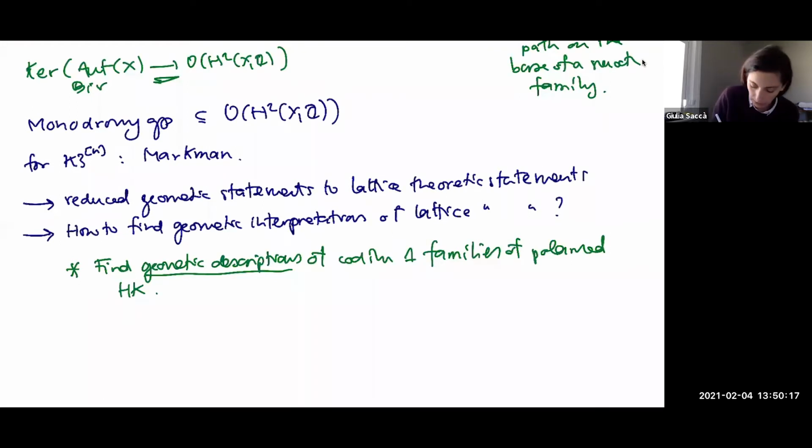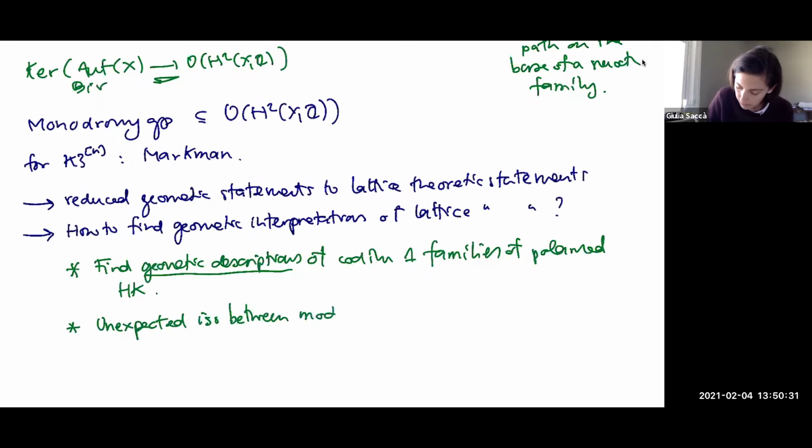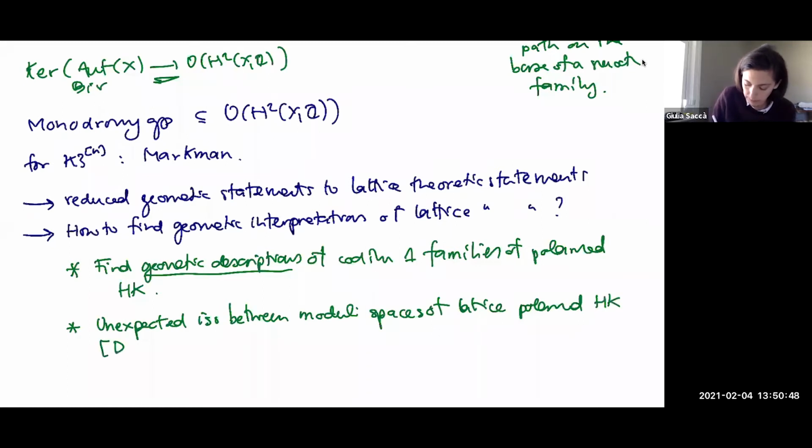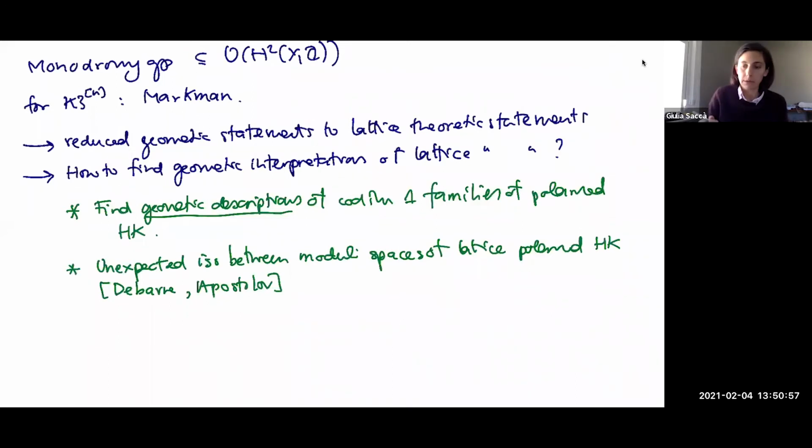Another example of this is that you often get unexpected isomorphisms between moduli spaces of lattice polarized hyperkähler manifolds. Let me give you an example, which is going to be relevant for later.